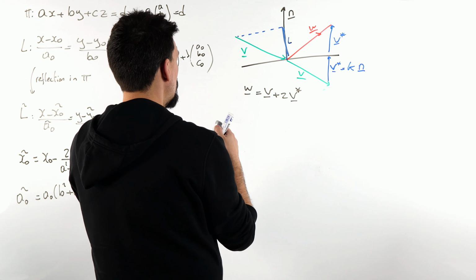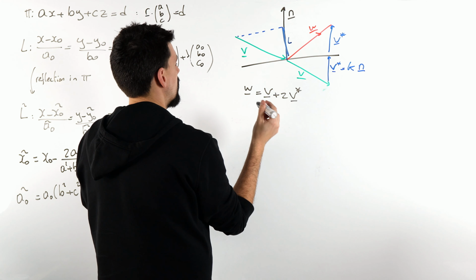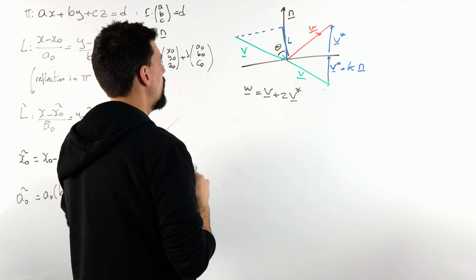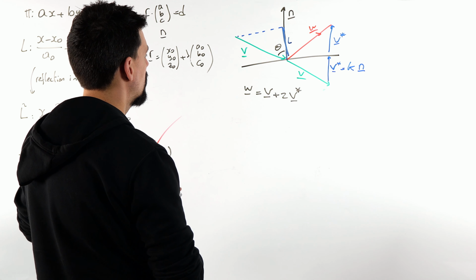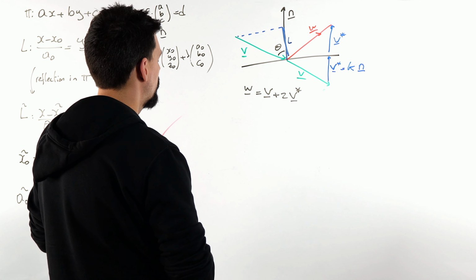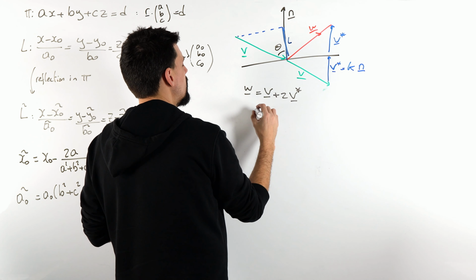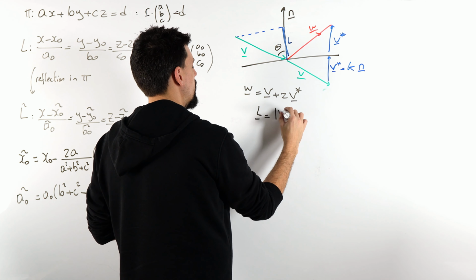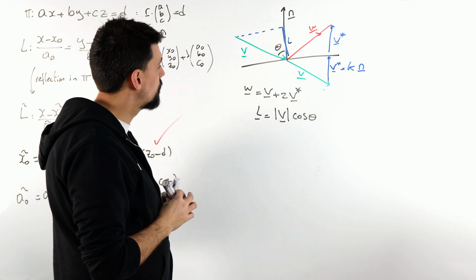Now, if I were to take that angle there, I could say that that length is the length of v cos theta.